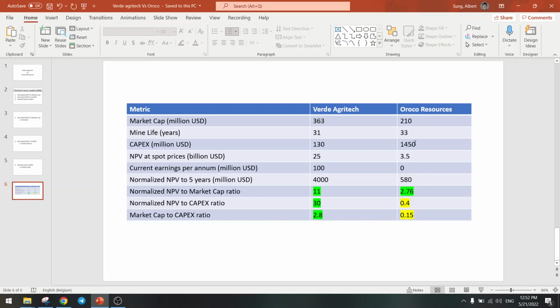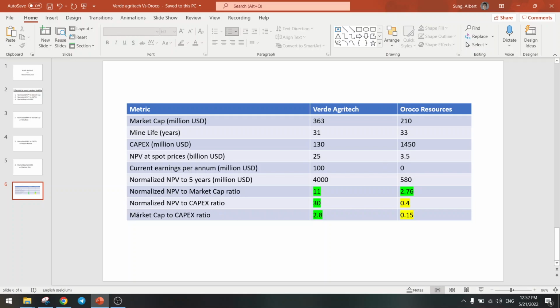It will probably be 2 billion right now because of inflation, because these were old numbers. So here we have a massive CAPEX, but the normalized NPV is actually very low. This gives us a number below 1, and that's a red flag for me, because of this high CAPEX.